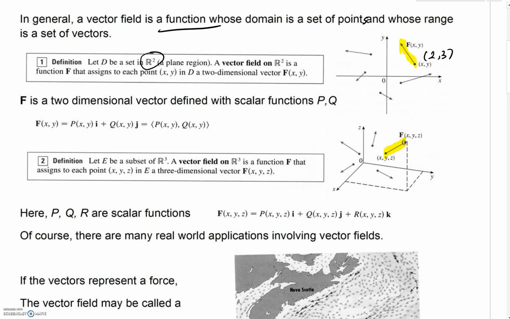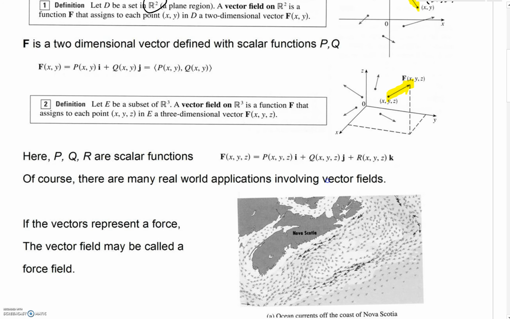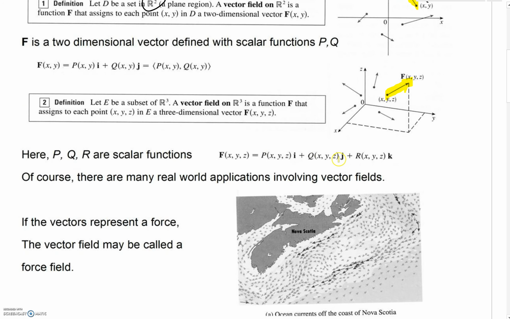You could take an ordered triple, and for every three-dimensional point you can assign a vector. So in your i, j, k direction vectors here, you can have scalar functions that would indicate how you will arrive at this vector.